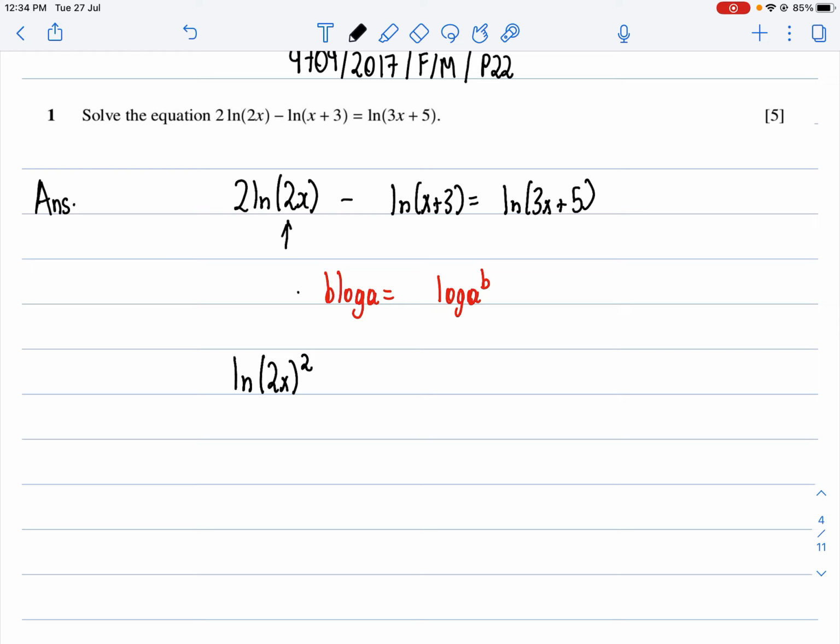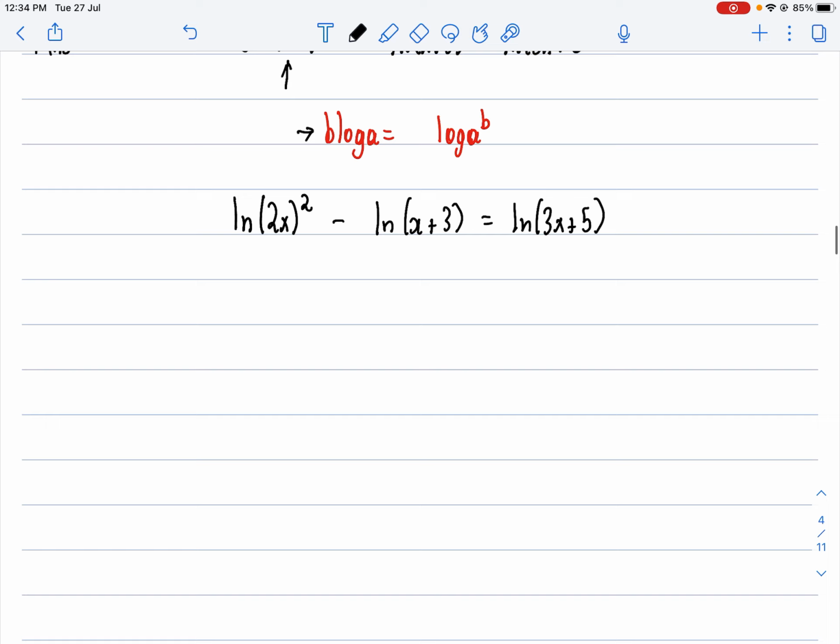Here I can write this as ln x plus 3 equals to ln 3x plus 5. Now what I can do is I can write this as ln 4x square when I take the square inside, so I do 2 square into x square, correct, minus ln x plus 3, correct, which is equal to ln 3x plus 5.